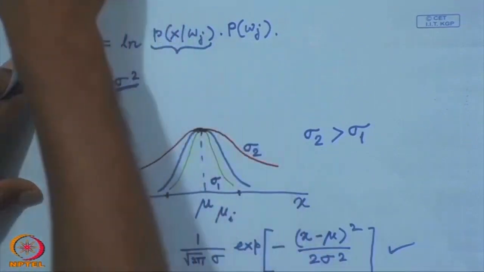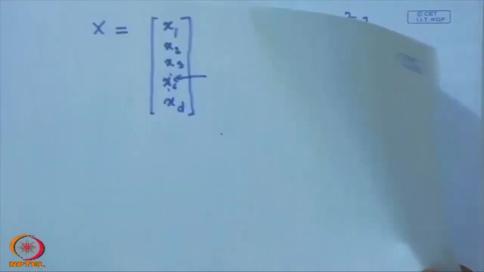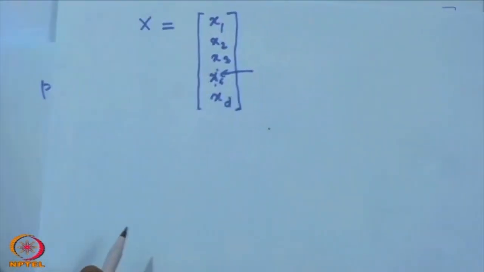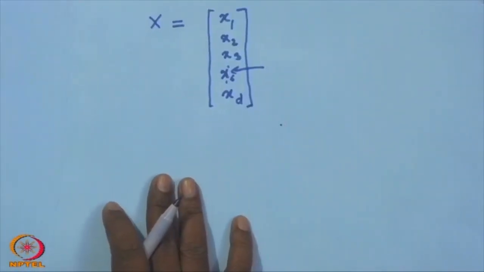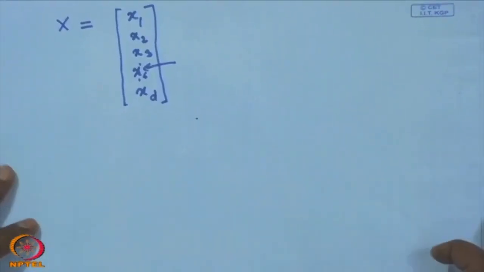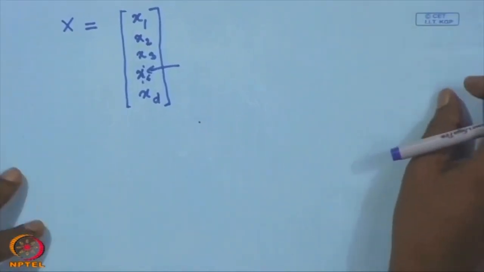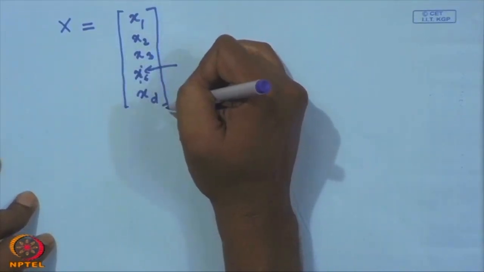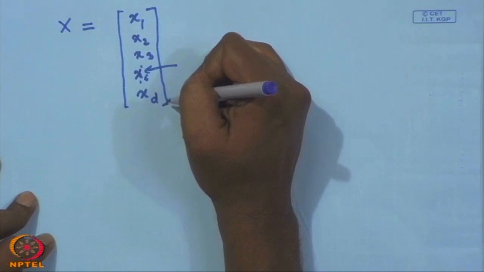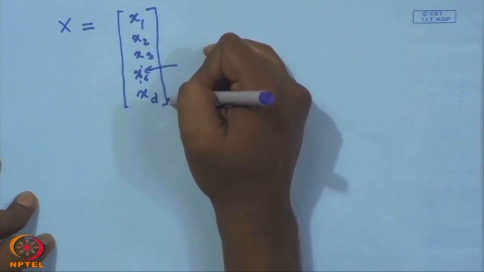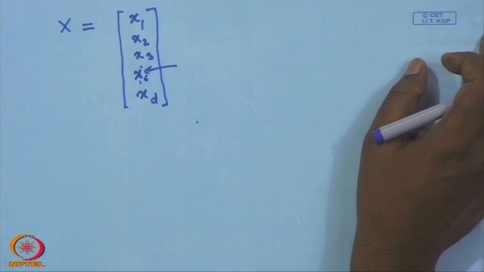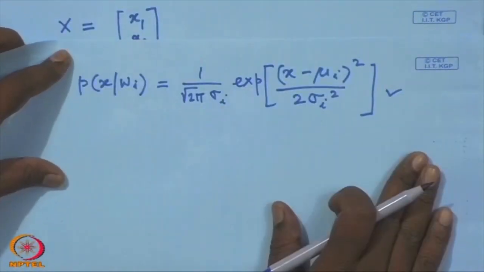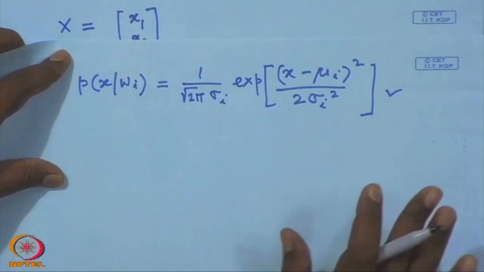Now, how does this expression change if I go for multiple variables, that is, instead of x being a scalar, x is a vector? The vector I will represent by capital X, and suppose this vector X has d components, from x 1 to x d. So, the expression we wrote for a single variable has to be written for a vector.